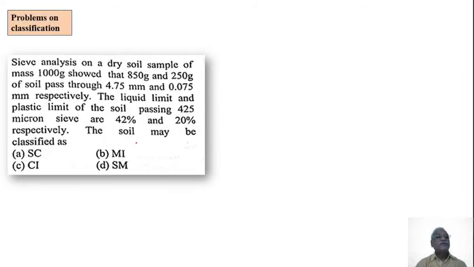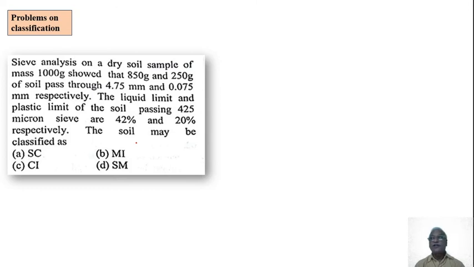Okay, sieve analysis on dry soil of 1000 grams showed 850 grams and 250 grams of soil passing through 4.75 mm and 0.075 mm respectively. Now this indicates that 150 grams, or 15%, of the soil is gravel, and 250 means 25% of the soil is passing through 0.075.